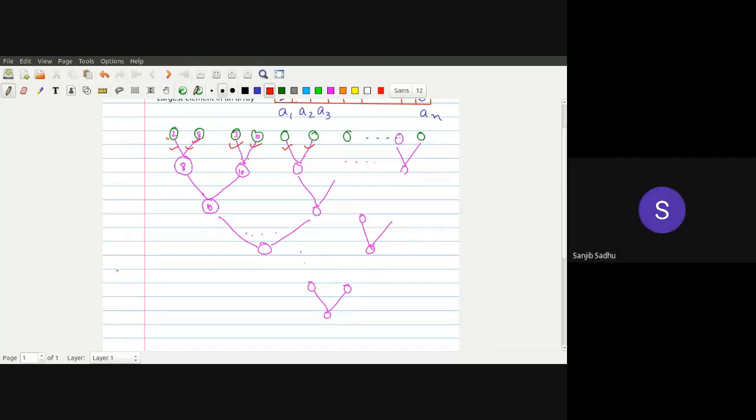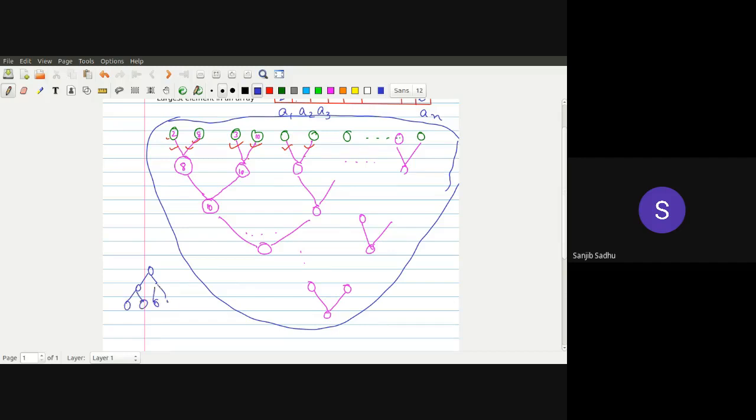Clear? Every node has, that means actually you can think of this binary tree as an inverted binary tree. If you invert the entire structure, then you will get a tree like this.